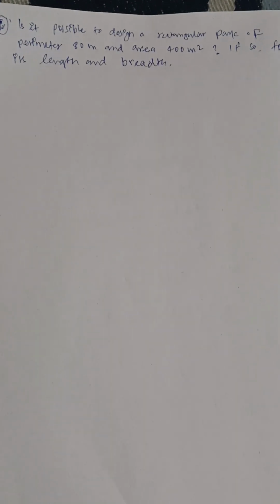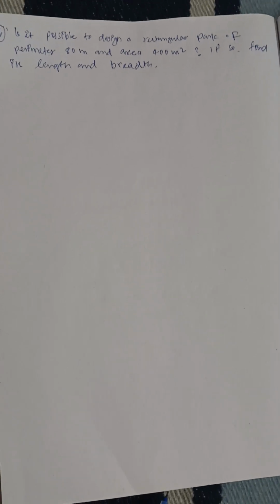Next question is, is it possible to design a rectangular park of perimeter 80 meter and area 400 meter square? If so, find its length and breadth.